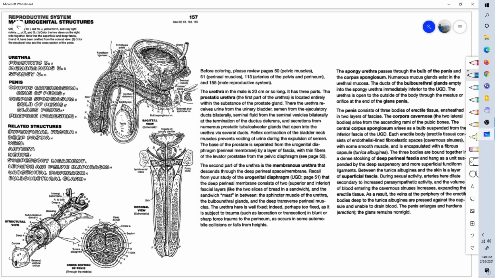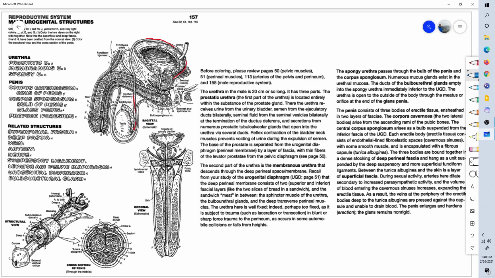The male urogenital structures. We've already discussed the path of the Ductus Deferens from the epididymis and the testes up, around, down behind the bladder, and into the prostate, where it joins the urethra.